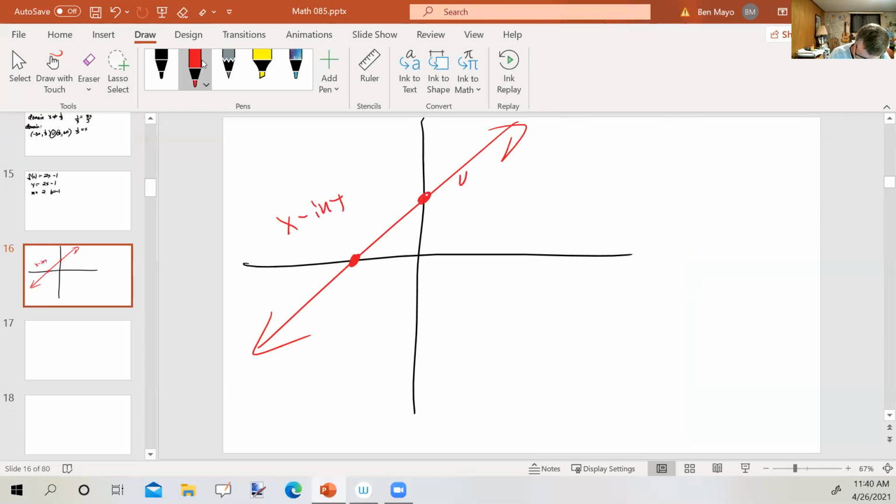Where it passes through the y-axis would be the y-intercept. The coordinates of the x-intercept, the y value is always going to be 0. The coordinates of the y-intercept, the x value is going to be 0. So to find an x-intercept, set y equal to 0. To find a y-intercept, set x equal to 0.